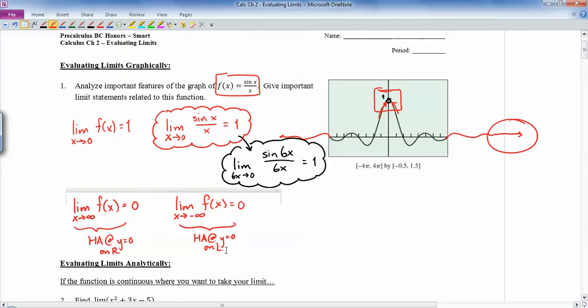Another thing that you can do with this is, if we look at it with the function written in place instead, let's do that. Sine x over x. Well, if you think about what sine does, sine always has to be between -1 and 1.